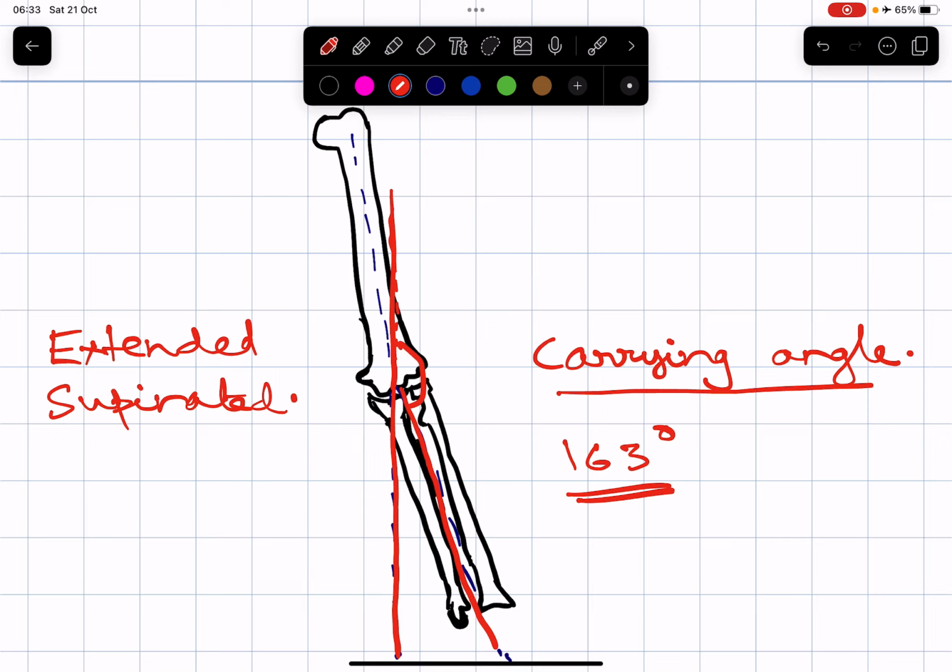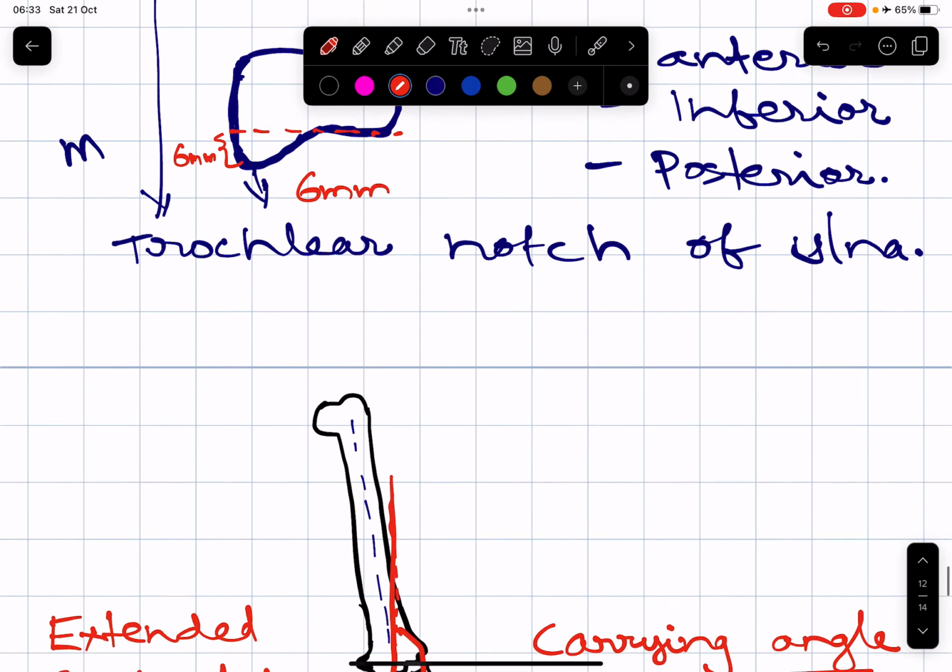This angle helps to carry the load grasped by the hand without any contact of the medial border of the forearm with the lateral surface of the thigh, right? So this is the carrying angle, and it disappears when you flex your elbow.